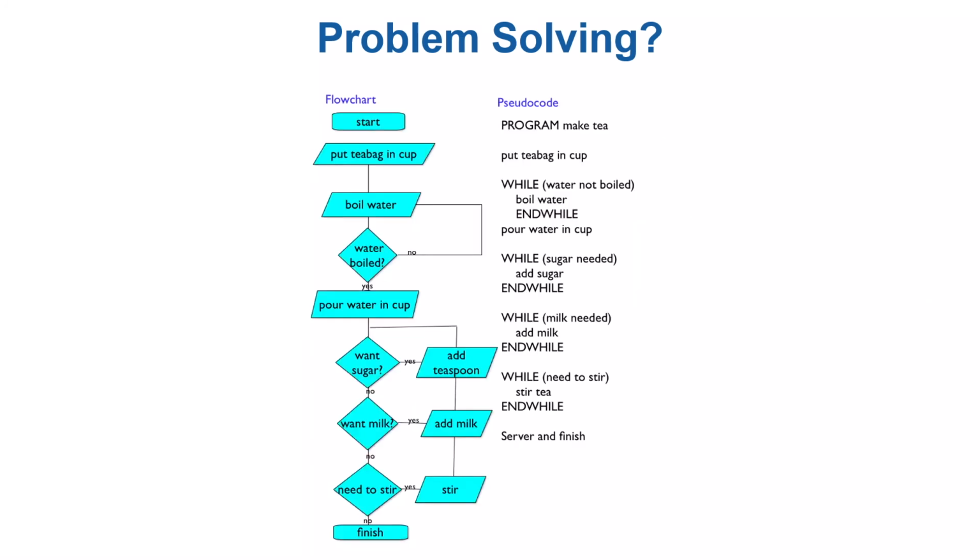Okay, in the last video we saw flowcharts and pseudocode. We took a very simple example: computing the salary or pay of an employee of a company given hours and rate.